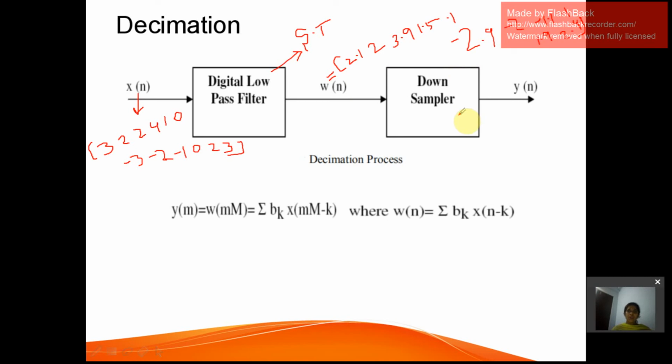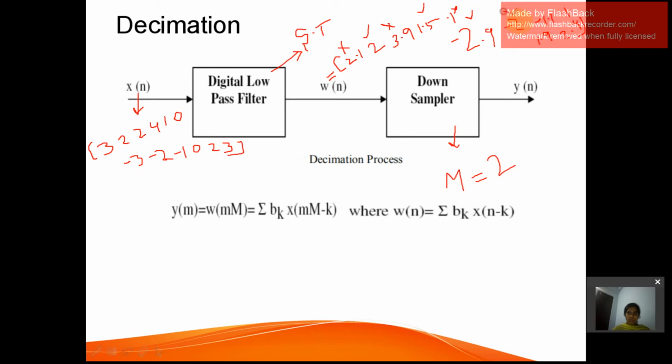And now we are going to downsample this with a factor of M equal to 2. For example, we are downsampling with a factor of M, and the downsampling factor is 2. We get the output as follows: it removes 2.1, it retains 2, it removes 3.9, it retains 1.5, and it removes 0.1 and sends only minus 2.9.